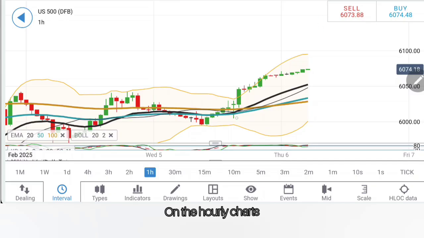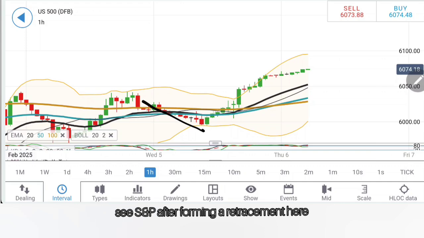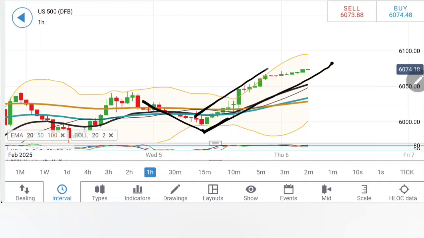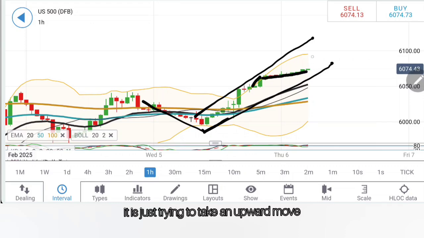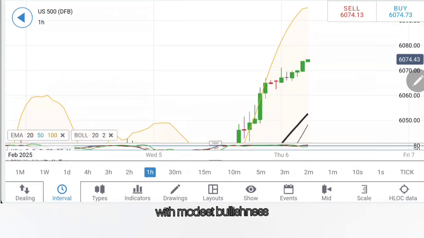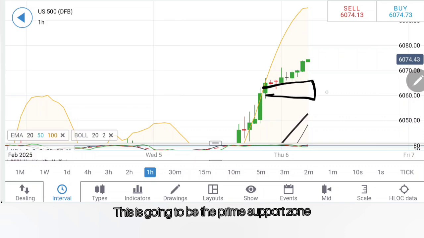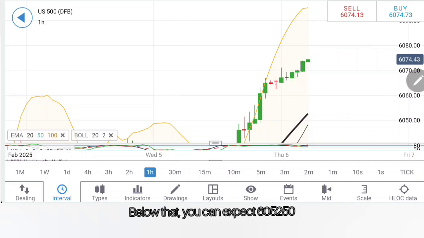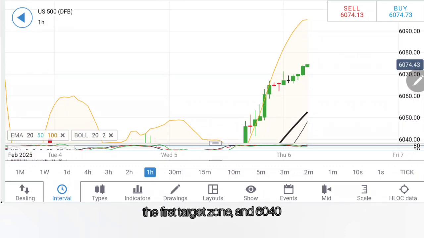On the hourly charts, see S&P after forming a retracement here, it is now trading in this bullish zone. Higher highs and higher lows are seen, and now after this rise it is just trying to take an up move with modest bullishness. Now it is very important for S&P to trade above the 6065-6060 zone. This is going to be the prime support zone. Below that you can expect 6052-6050, the first target zone, and 6040.